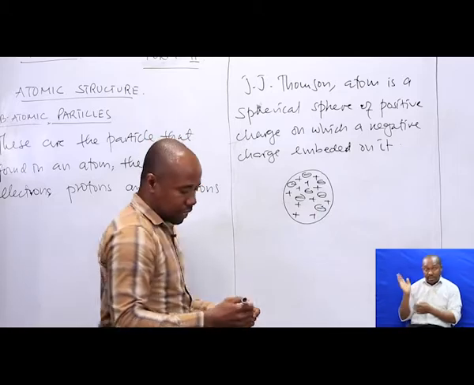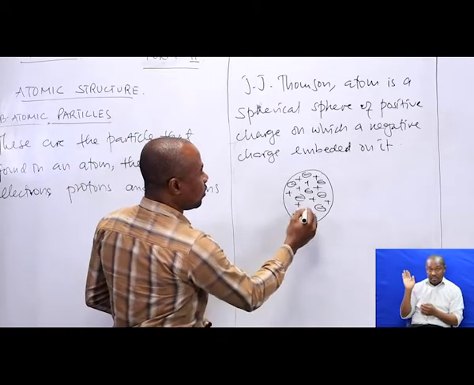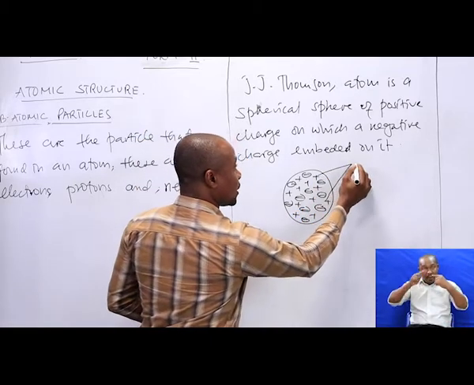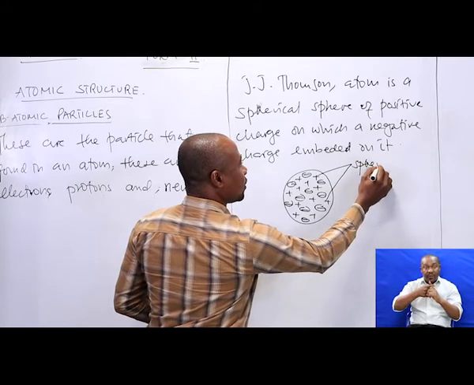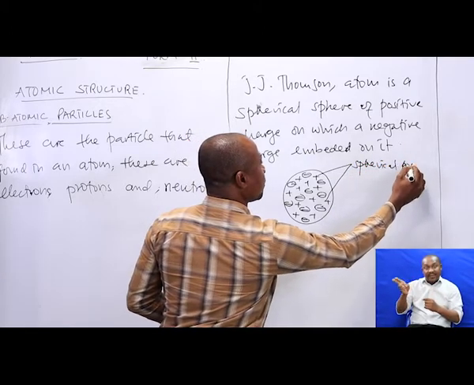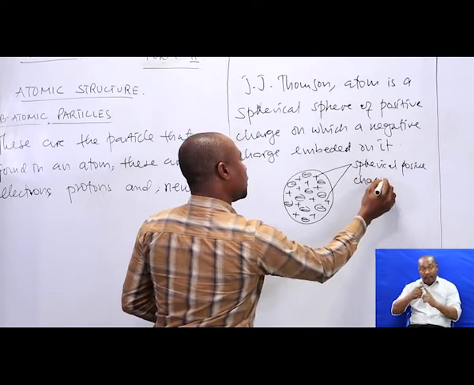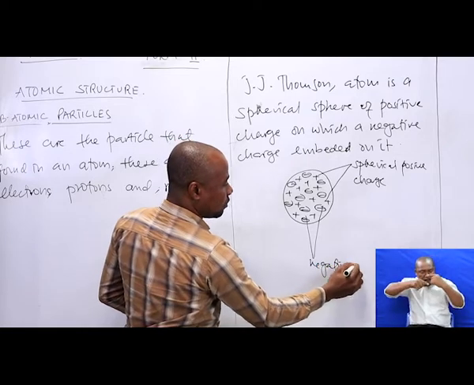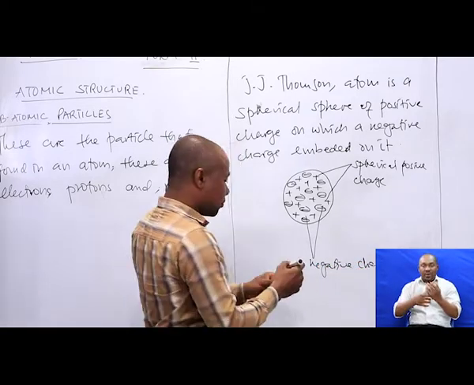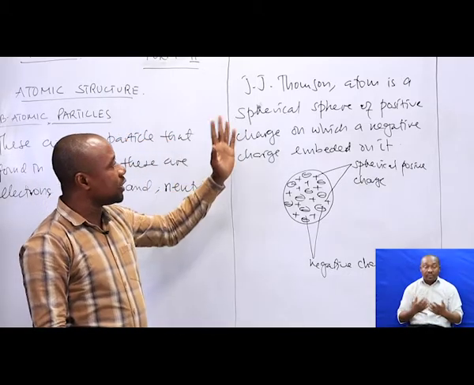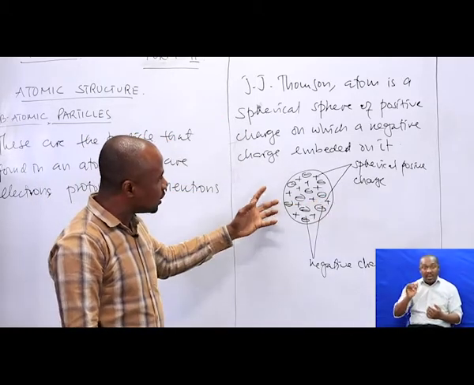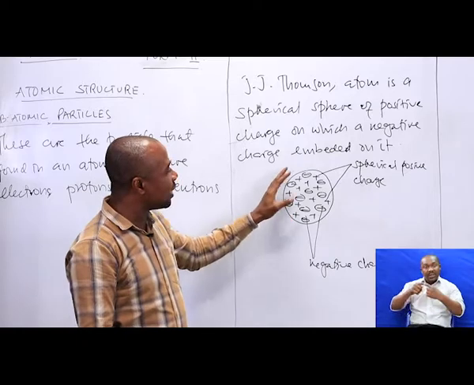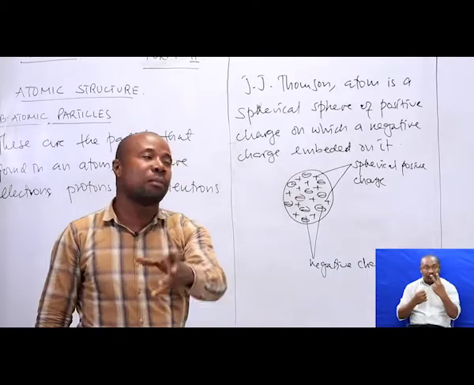So this is a spherical positive charge, and this was a negative charge. It is known that J.J. Thomson said about the spherical sphere, on which the positive charge was all around, and the negative charge was just embedded on it.